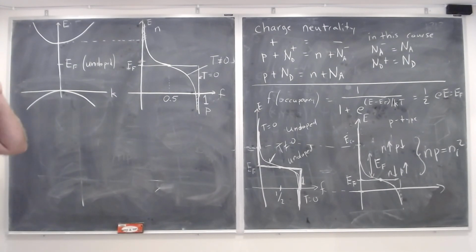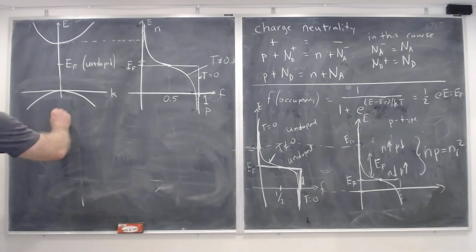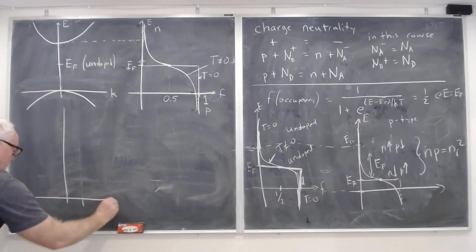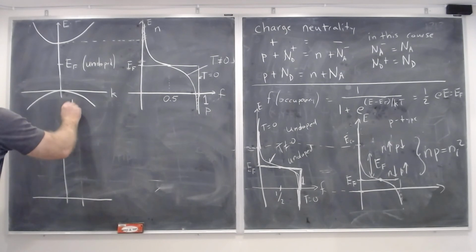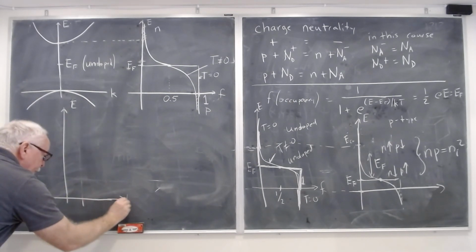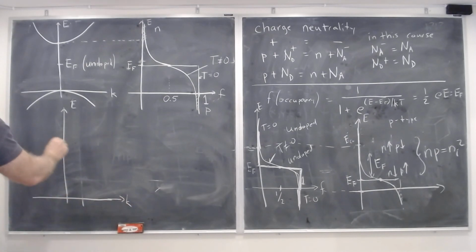Okay, now let's do N-type. So I'm going to draw my conduction and valence band again.